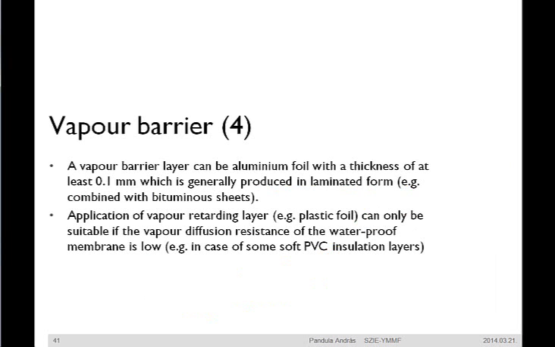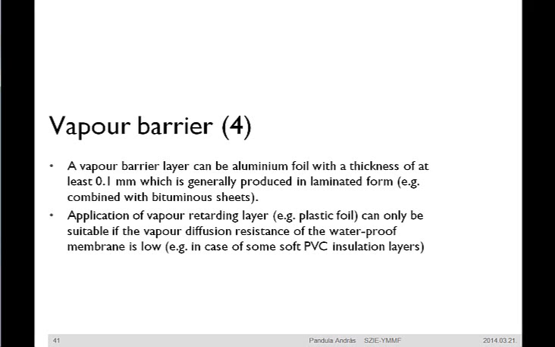The next layer is a vapor barrier, which is marked with 4. This layer can be an aluminum foil with a thickness of at least 0.1 mm, which is generally produced in a laminated form where it's combined with a bitumen sheet.